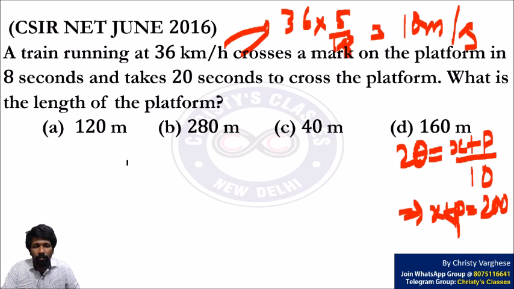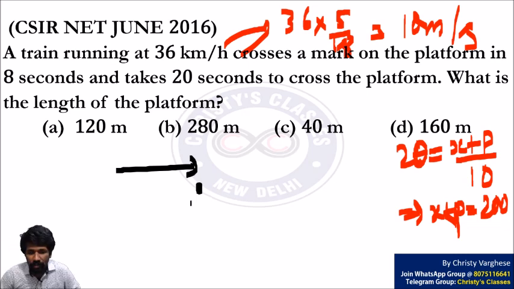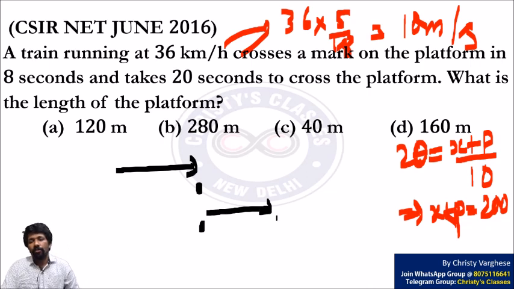Train trying to cross a point in the platform, that means this is type 1. I told you the train trying to cross an electric post, like that situation, because the second object is negligible width. That is 0. You can consider it as 0. Train crossing the point in the platform means the distance to be covered is only the length of the train. That means x, length of the train only should be covered.